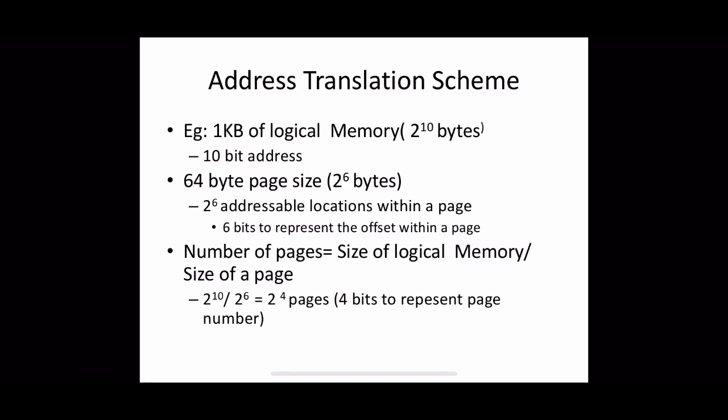Suppose we select the page size and frame size as 64 bytes, that is 2 raised to 6 bytes. So we have 2 raised to 6 different locations within a page, so we require 6 bits to represent the offset within a page.